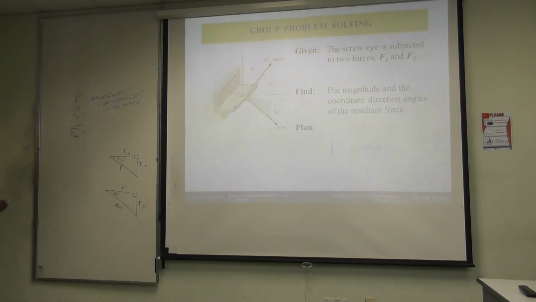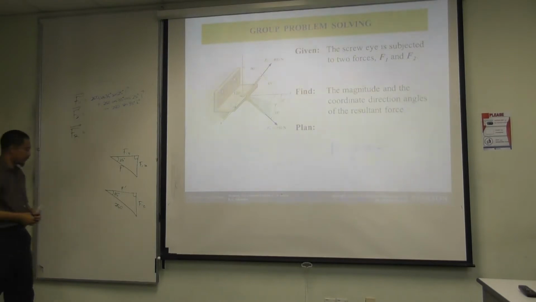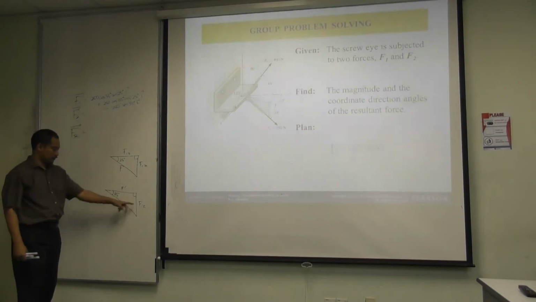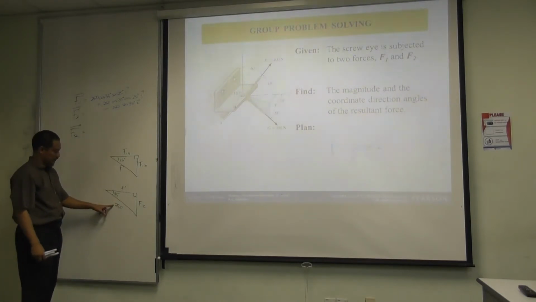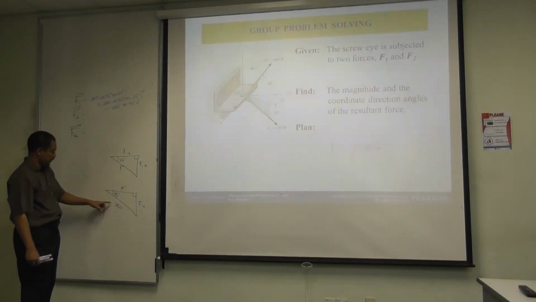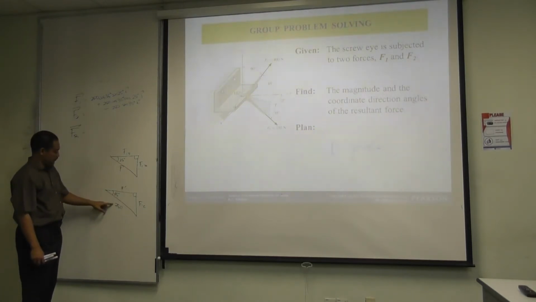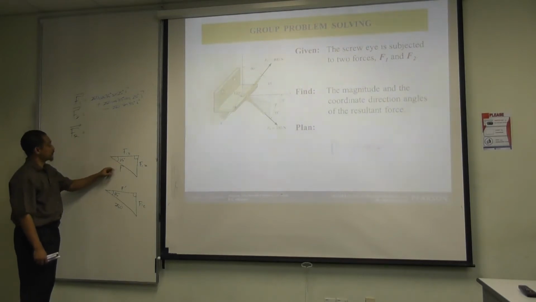That is if you do it in one go. Right, and it should be the same. For F1z it is 250 sin 35, it's the same. For Fx it is 250 cos 35 and then sin 35. Yeah, and then 250 cos 35 and then cos 25, that's it.